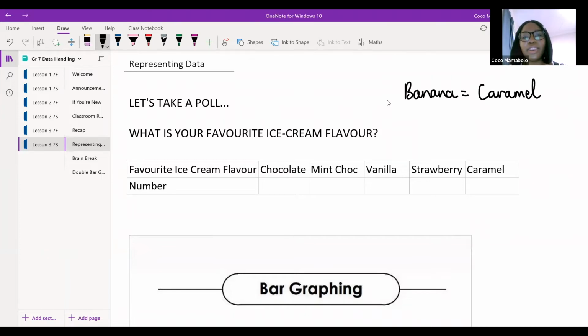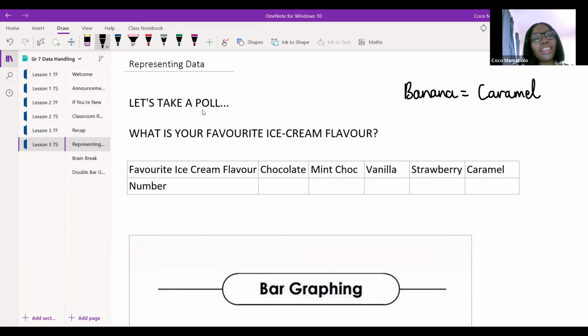I cannot believe vanilla is winning again. I don't want to say anything. Guys, I did not want to say anything. Even mint choc is second. Guys, toothpaste chocolate, toothpaste ice cream. Oh yeah, I forgot you had a problem with mint. I know, this is not working.